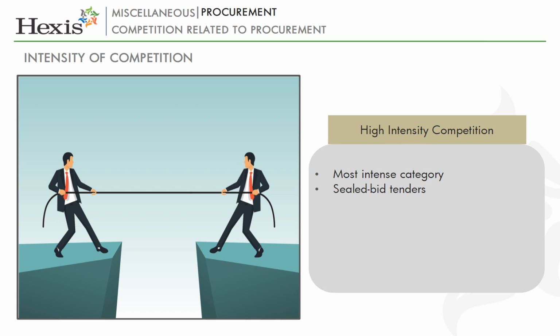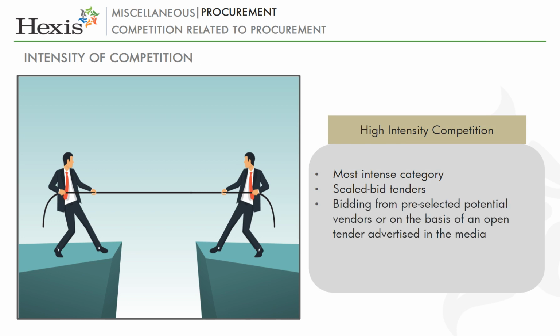An organization may solicit bids for a procurement action from either pre-selected potential vendors or on the basis of an open tender advertised in the media. When potential vendors submit sealed bids, the procuring organization typically holds them in a secure location until their formal opening and recording.